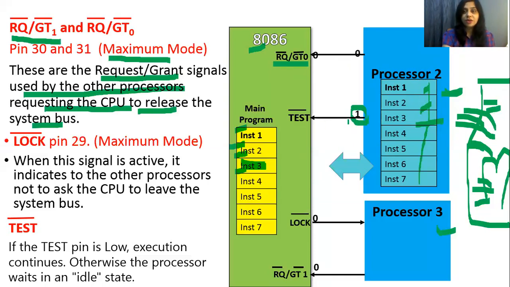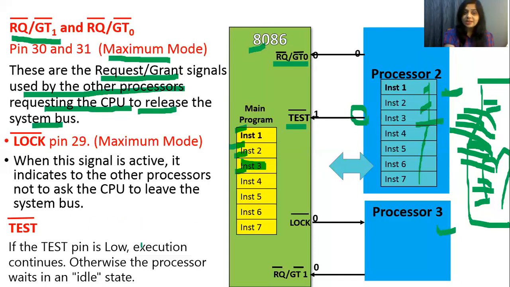It will transfer this logic 1 on this pin to 8086. So this is active low. Remember, as long as the buses are with processor 2 and processor 2 is using the buses for fetching the instruction and execution of instruction, it will keep this test bar pin at logic 1.